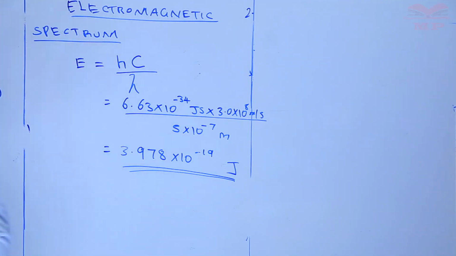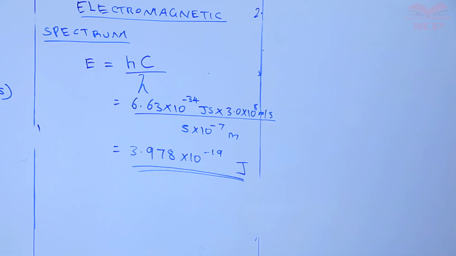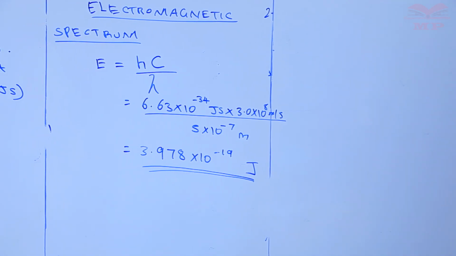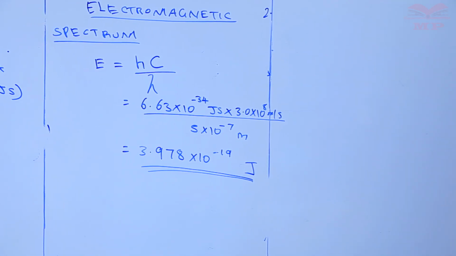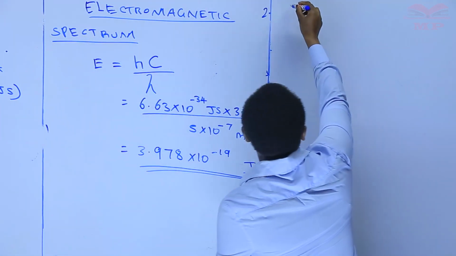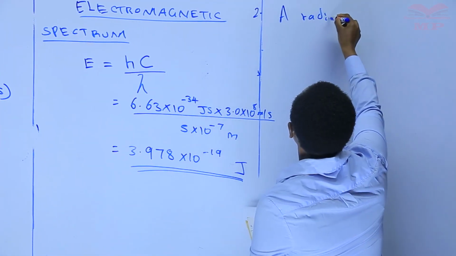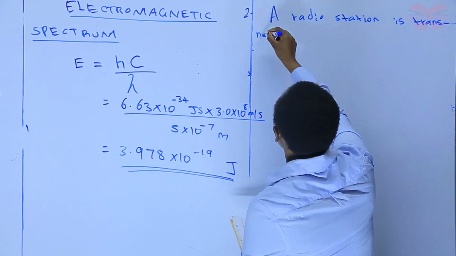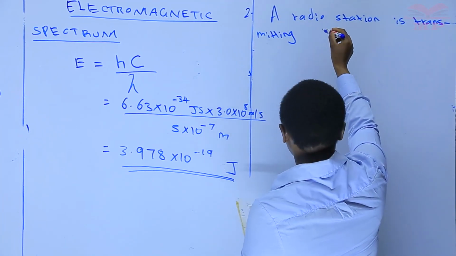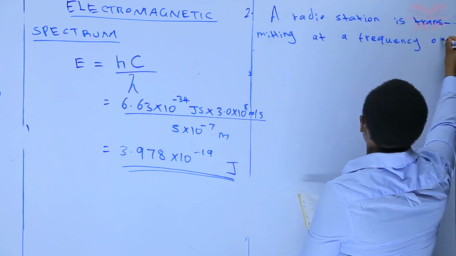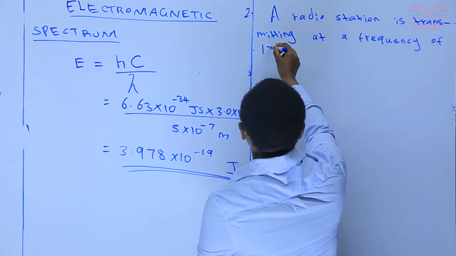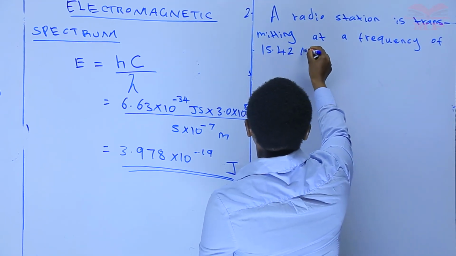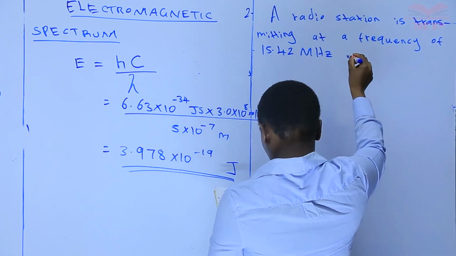So question number 2, or example number 2: a radio station is transmitting at a frequency of 15.42 megahertz.